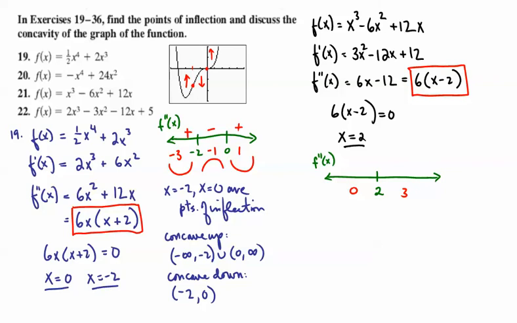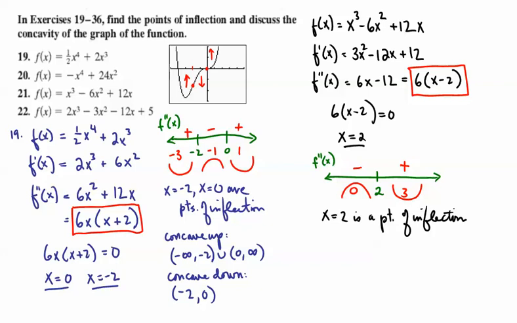When we do, plugging in 0, we'll get a negative. Plugging in 3, we get positive. And so x equals 2 is a point of inflection. And as far as the graph is concerned, we have concave down, concave up.